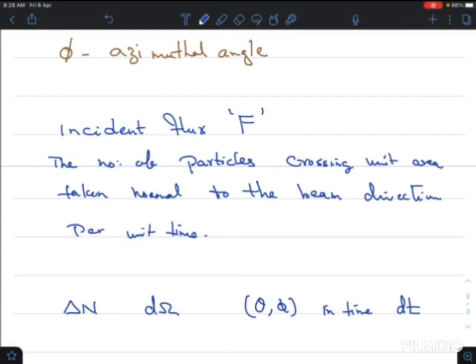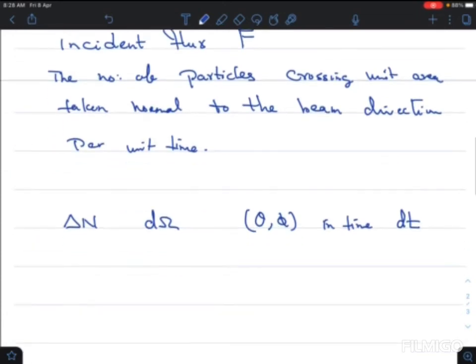And then we know that delta n must be proportional to d omega, the small solid angle into which particles are scattered, and dt, the time, and of course it depends on the number of incident particles also, and that is your F.